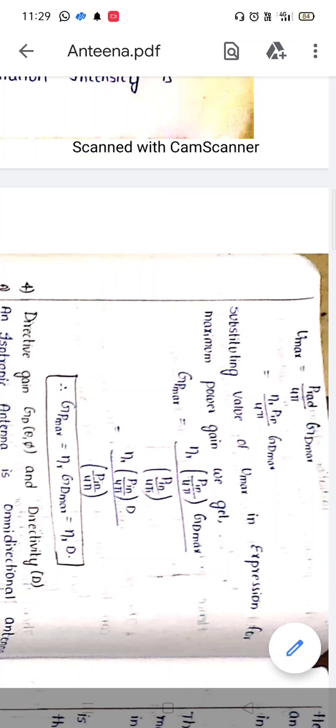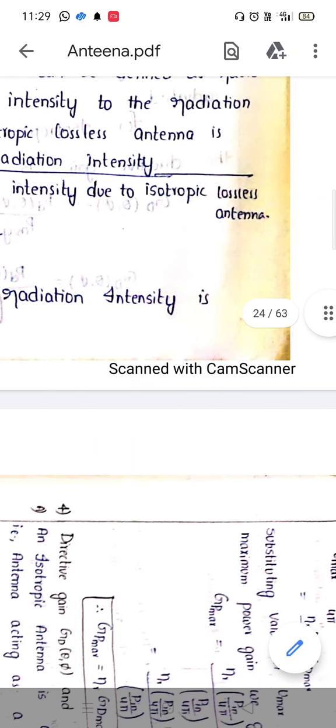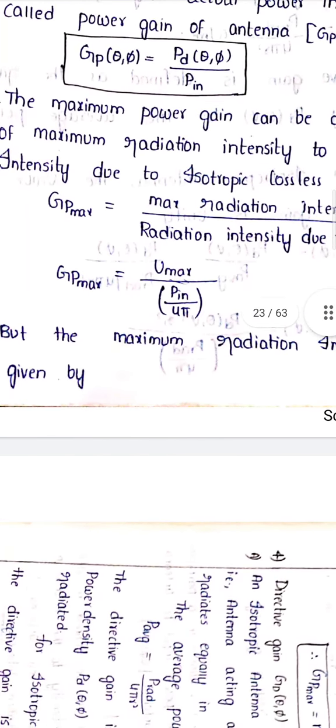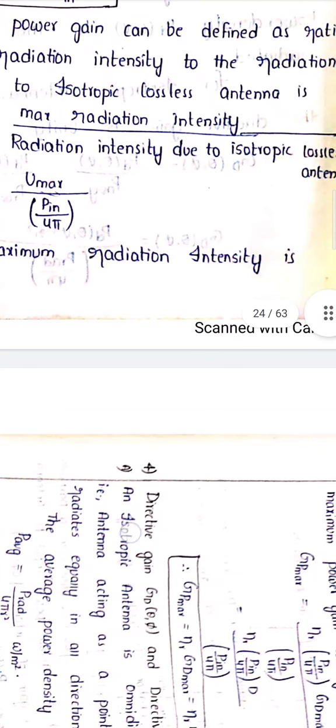Substitute this value of U max in this expression, GP max is equal to U max divided by P in by 4 pi. Here U max is equal to eta P in by 4 pi GD max.